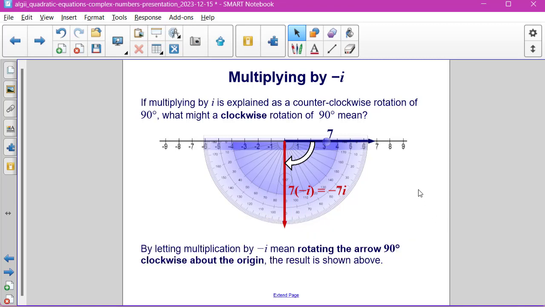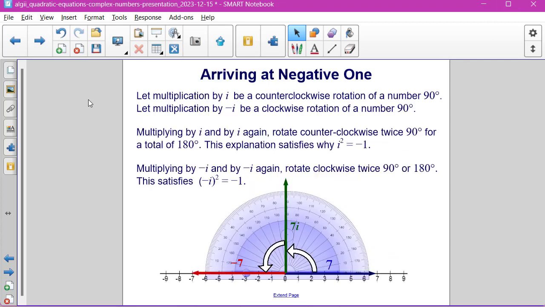So by letting multiplication by -i mean rotating 90 degrees clockwise about the origin, we get the results shown in the diagram. Therefore, we can let multiplication by i be a counterclockwise rotation of a number 90 degrees, and we can let multiplication by -i be a clockwise rotation of a number 90 degrees. And multiplying i by i again, we rotate counterclockwise twice for a total of 180 degrees.